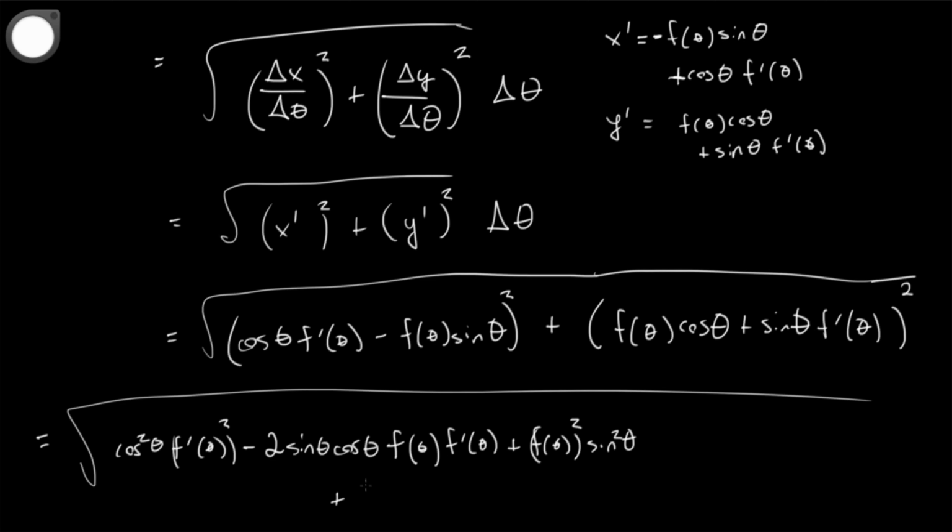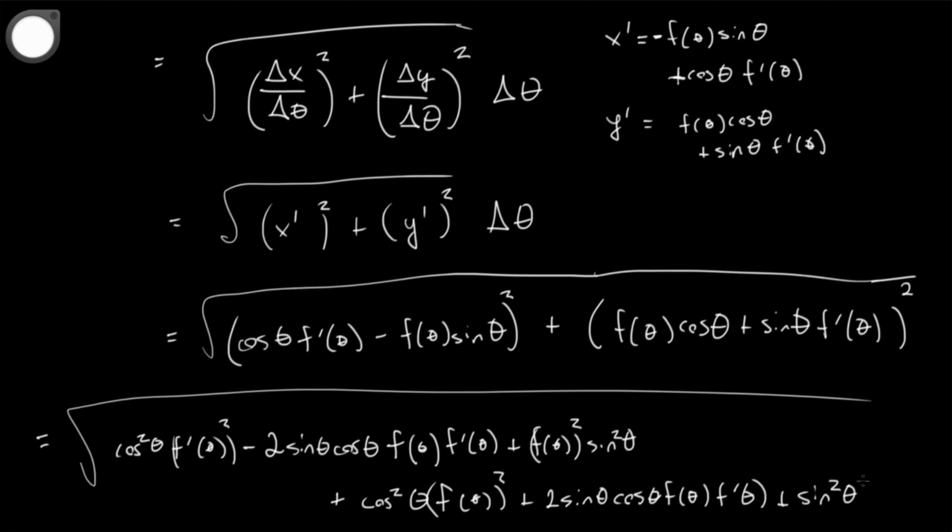Plus, and then we have another cosine squared, hint, hint, f theta quantity squared, plus 2, once again, sine theta cosine theta, f theta, f prime theta, and then plus sine squared theta, f prime squared. Awesome. This is all underneath this radical. Hopefully things are going to simplify. Let's see if they do.